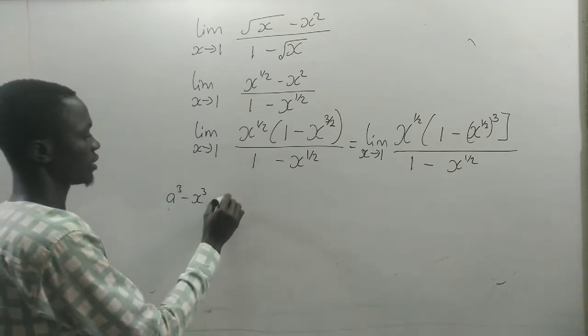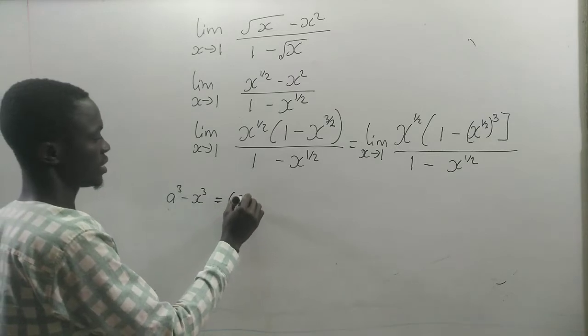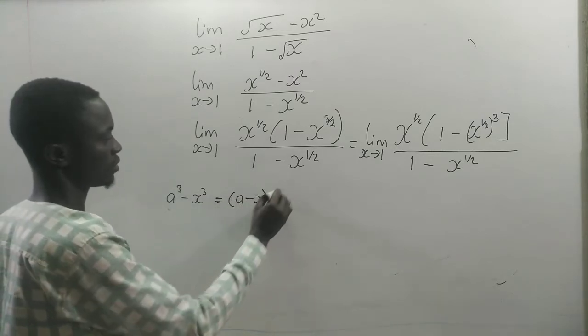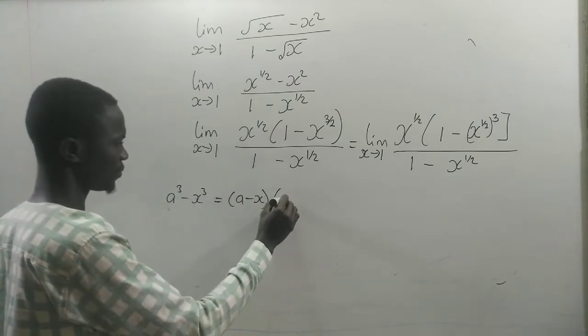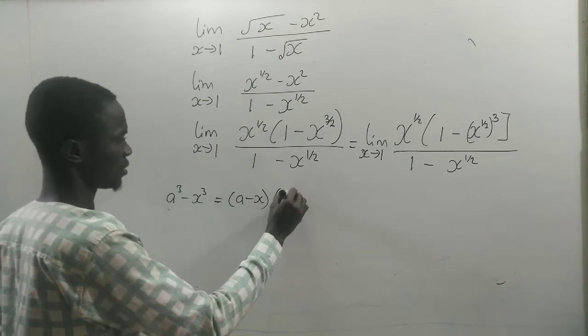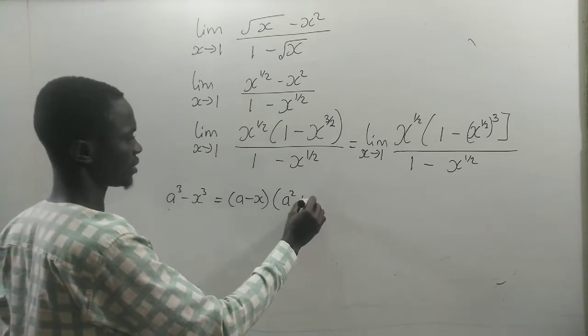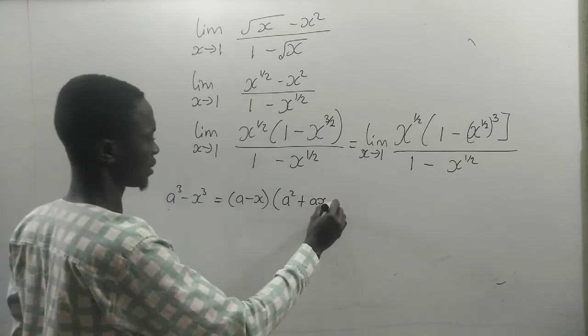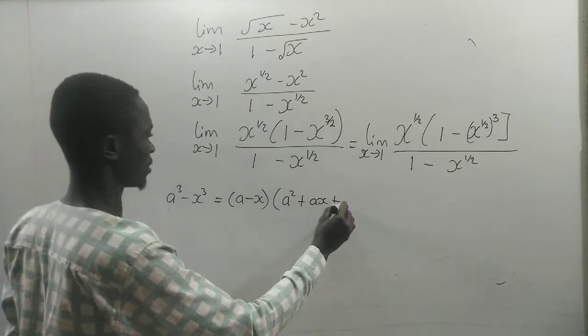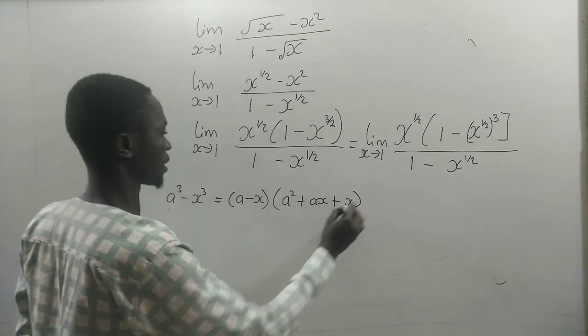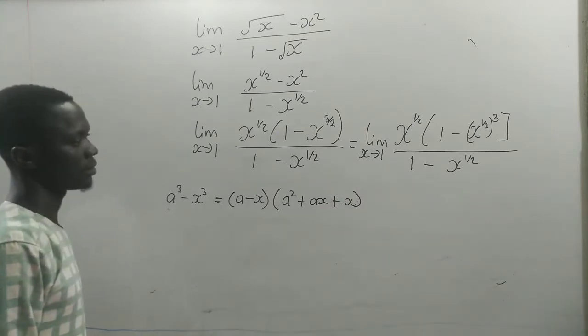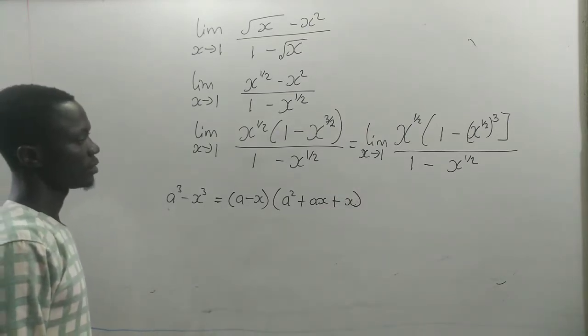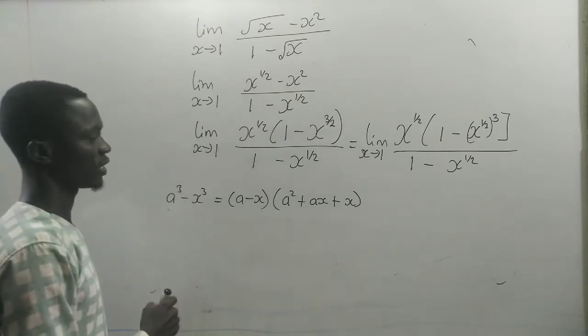It's the same as writing a minus x times a squared plus ax plus x squared. Right? Let's expand this and see if we get this one.